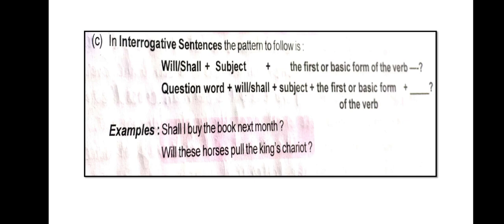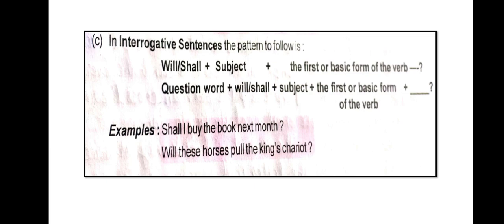Or you can use a question word like what, why, and plus will or shall plus subject plus the first or basic form of the verb plus other complements and then question mark. So we have here example, shall I buy the book next month? Will these horses pull the king's chariot?